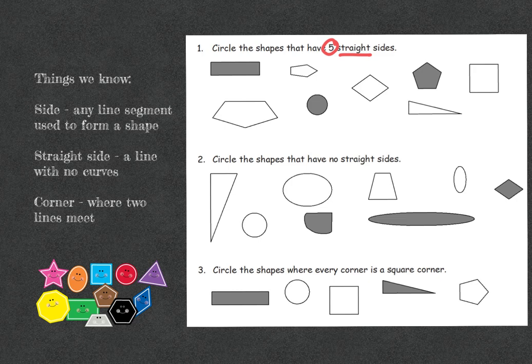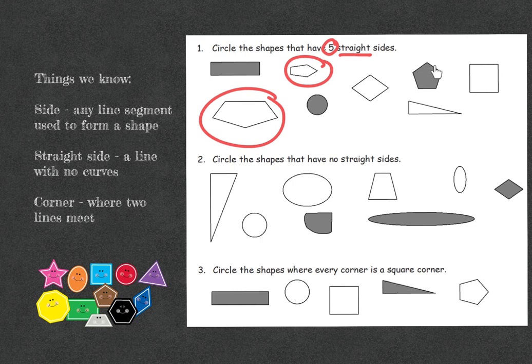Here we have 1, 2, 3, 4 sides. 1, 2, 3, 4, 5 straight sides. 1 curved side. 1, 2, 3, 4, 5 straight sides again. 1, 2, 3, 4. 1, 2, 3. 1, 2, 3, 4.